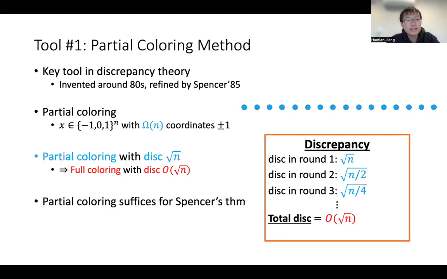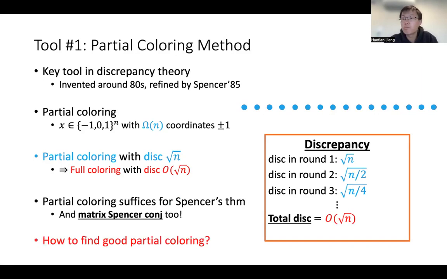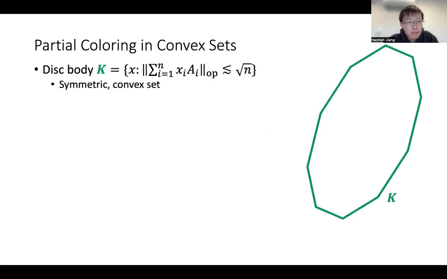So this basically says that finding a partial coloring suffices to prove Spencer's fundamental result, and suffices for the Matrix Spencer conjecture as well. So how do we find a good partial coloring? Let's look at this geometric view of partial coloring. Let's define the discrepancy body K as the set of all fractional vectors x for which the operator norm of the sum of x_i A_i is at most a constant times root n.